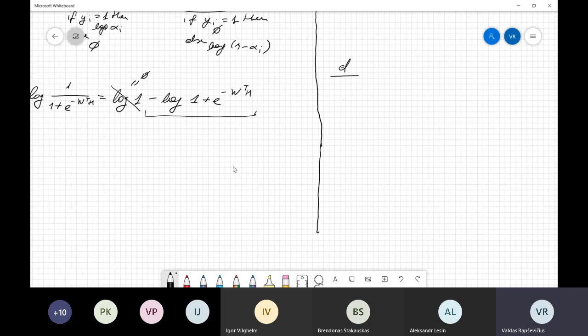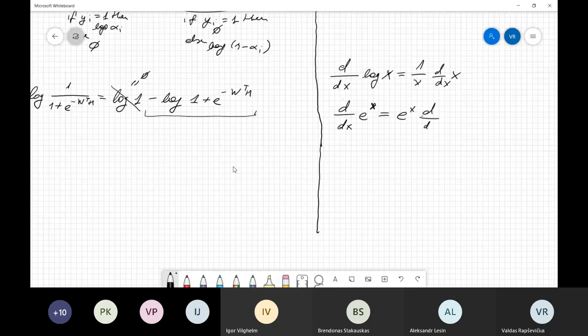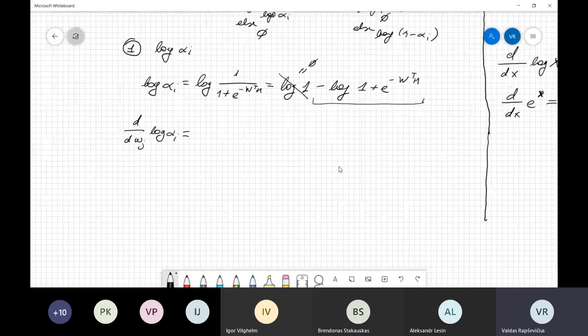The derivative of the logarithm of x is 1 divided by x times the derivative of x. And the derivative of e to the x equals e to the x times the derivative of x.